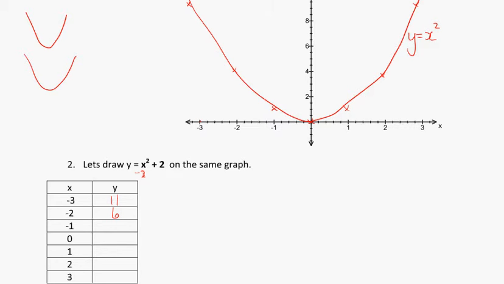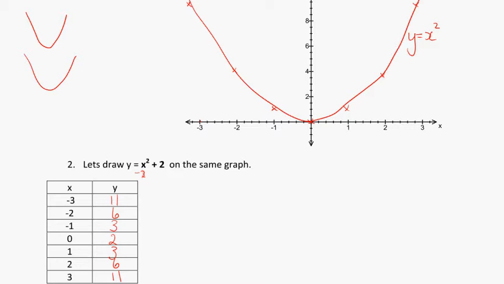When x is negative 1, negative 1 squared is 1, plus 2 is 3. When x is 0, you just get 2. When x is 1, 1 squared is 1, plus 2 is 3. Now you notice I should get those numbers going up there. 2 2s are 4, plus 2 is 6. And what should that one be? 11, hopefully. 3 3s are 9, plus 2 is 11.